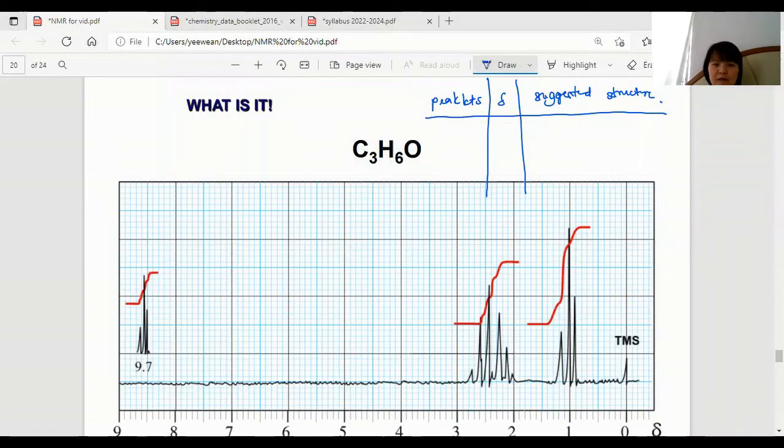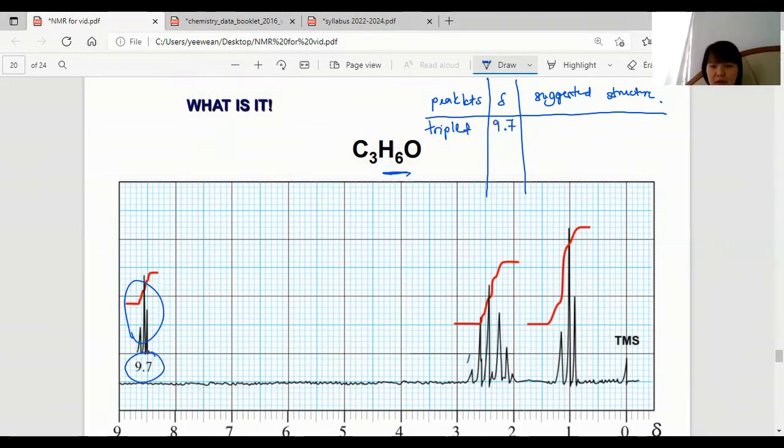Next example looks like it's an isomer of what we had before this. Okay, but there's 3 sets of peaks, meaning 3 different environments for these 6 protons. There's a 9.7 here, which gives me a big clue. We'll start using the chemical shift now. Okay, let's start with the peaklet. So a triplet there, which is 9.7.